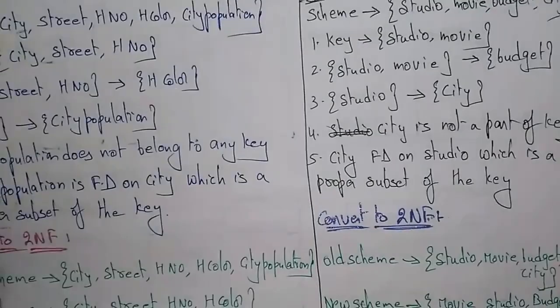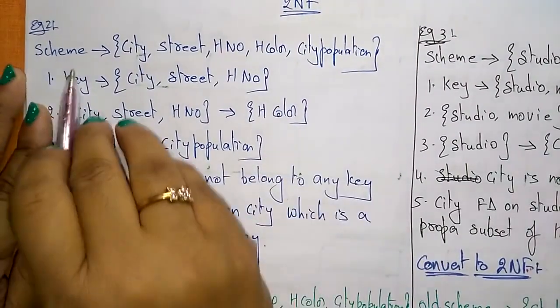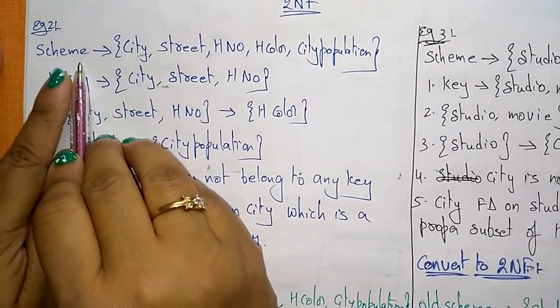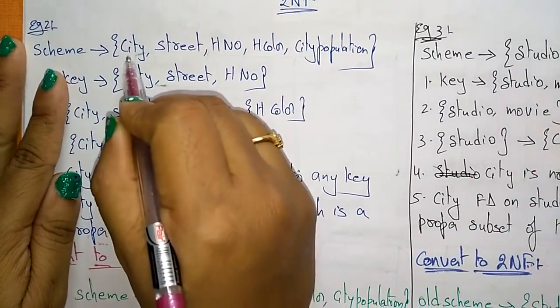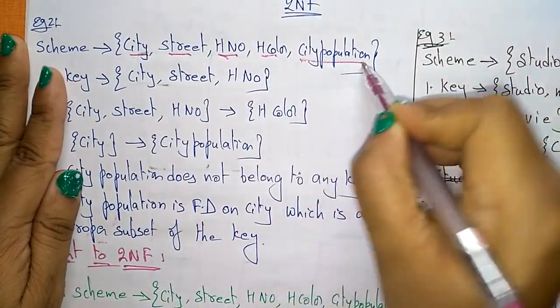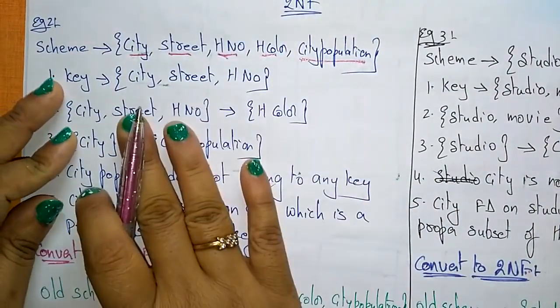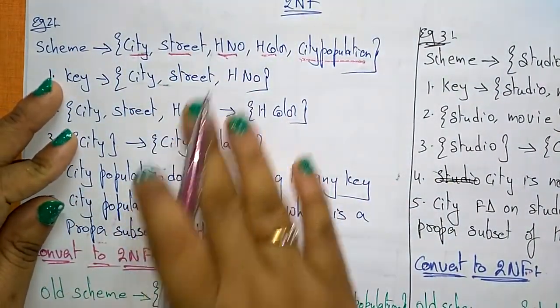Let me take another example. Here is a schema, which means a relation table, consisting of the attributes city, street, house number, house color, and city population. Now I am making this table not in normal form.